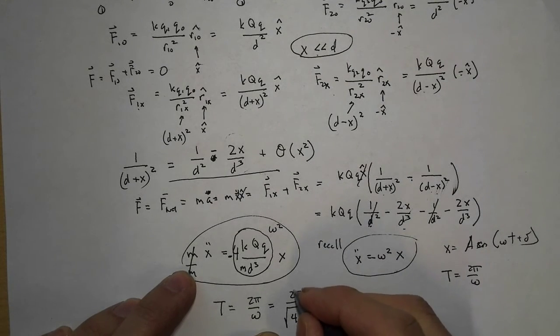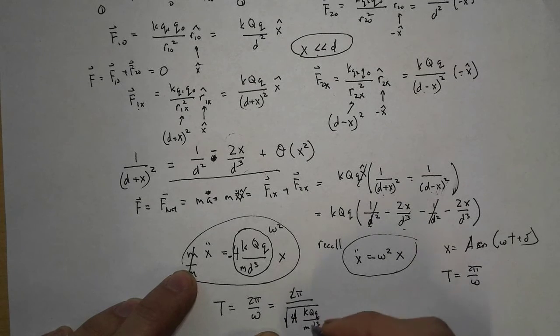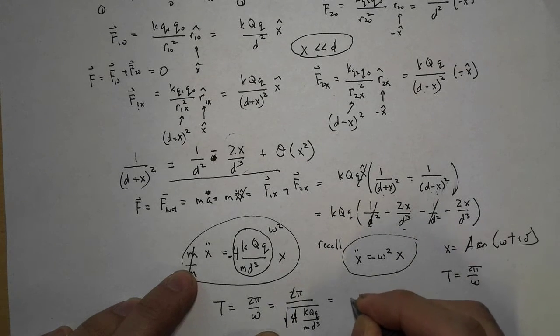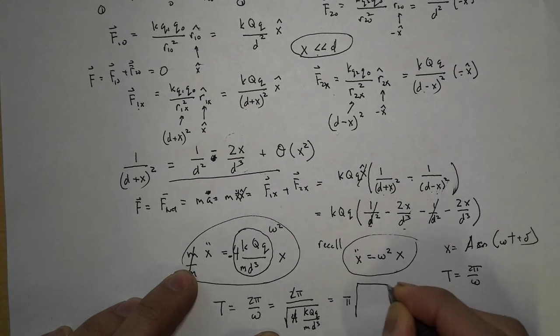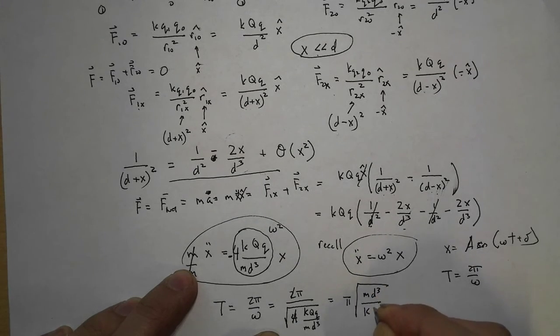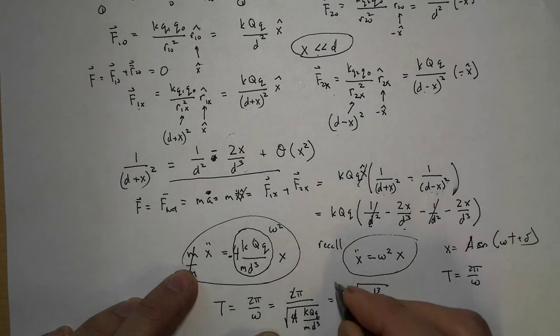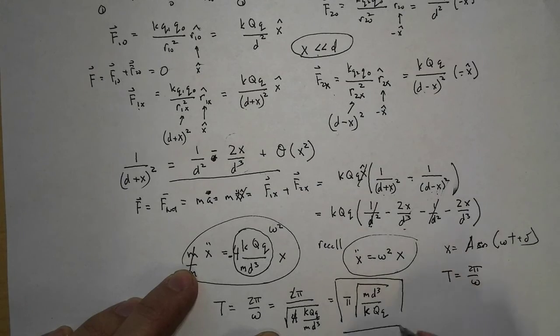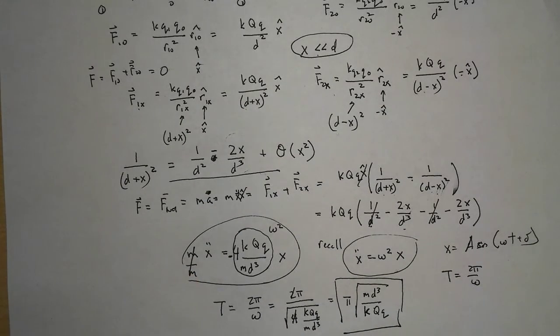Now, if you want to get fancy, you could basically kill the 2's off, and then we're going to write this as pi times the square root of m d cubed over kqQ. And then we are done. Okay, hope that was helpful.